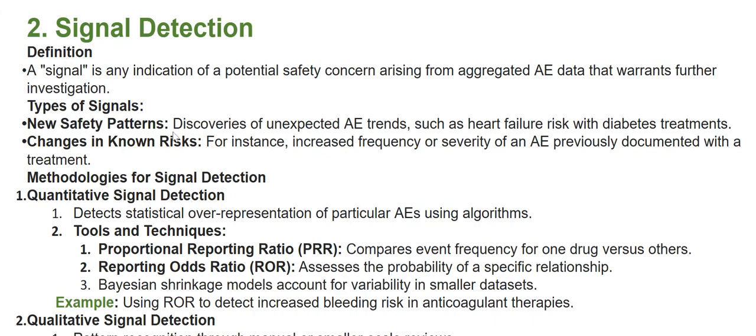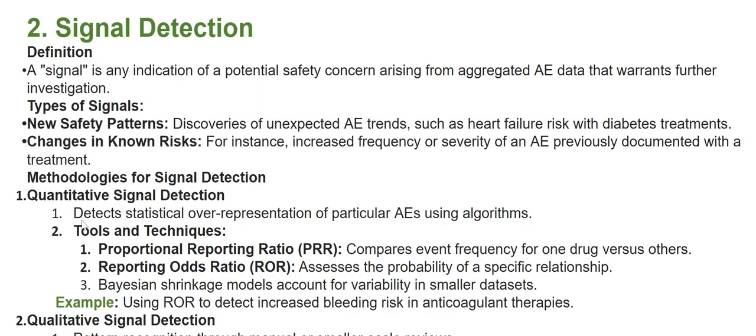For instance, an unexpected AE with a high trend, for example heart failure in a diabetes treatment trial, or a known AE that is increasing in severity, frequency or trends, and so changes in known risks.